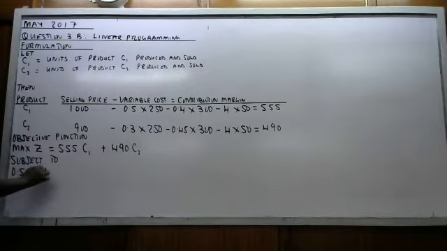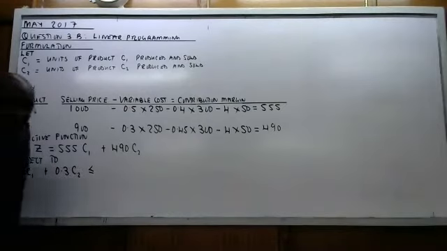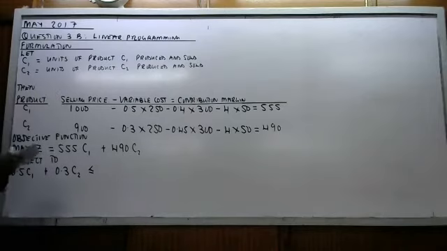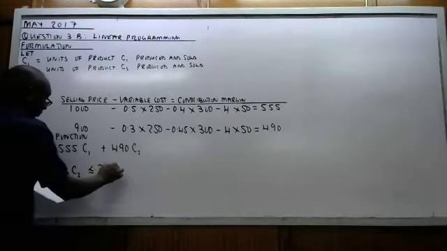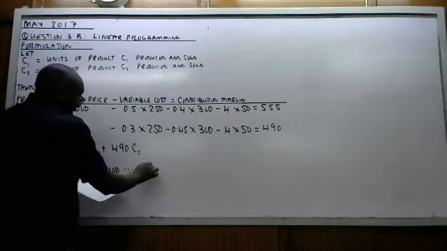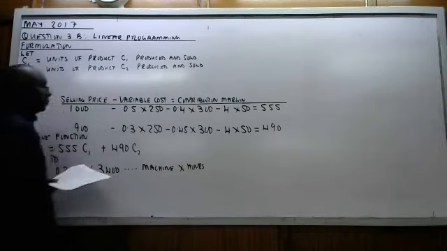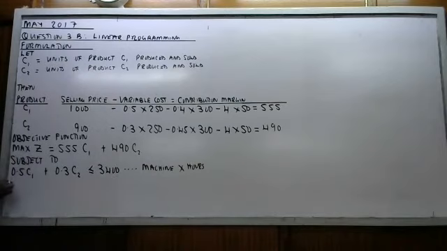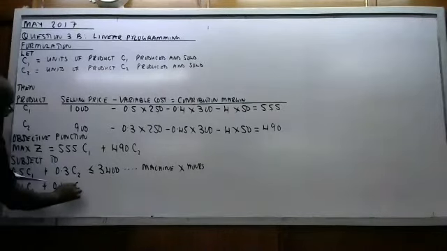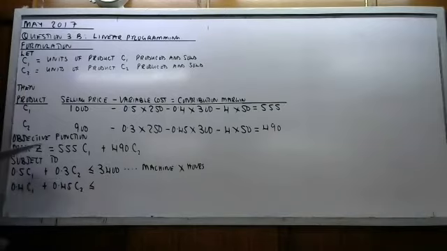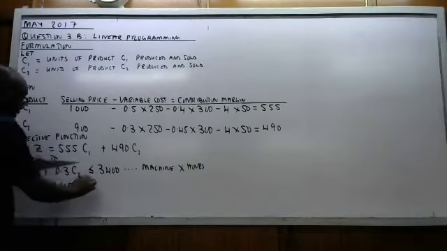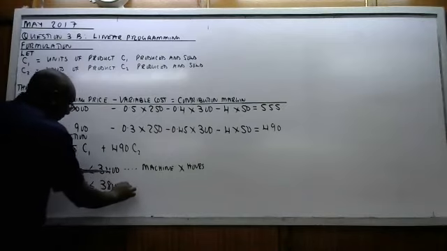0.5 C1 plus 0.3 C2 is less than or equal to the machine hours in X, we are at 400. And this is machine X hours. Then you proceed and say 0.4 C1 plus 0.45 C2 is less than or equal to 3,840.